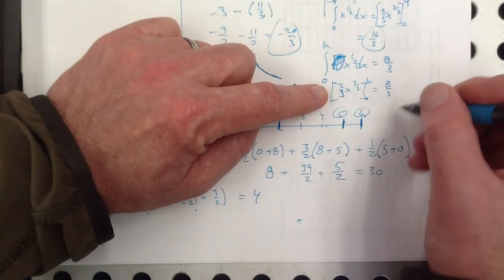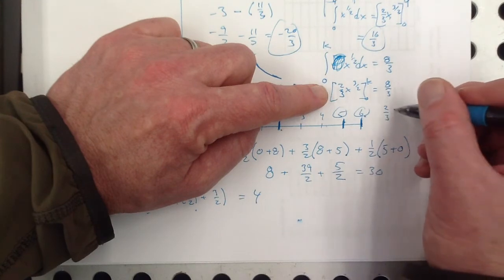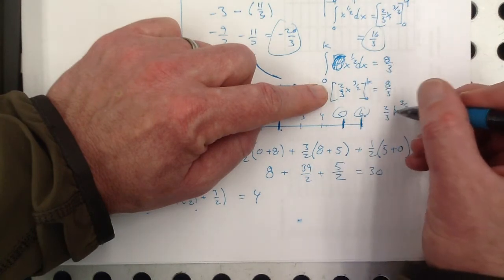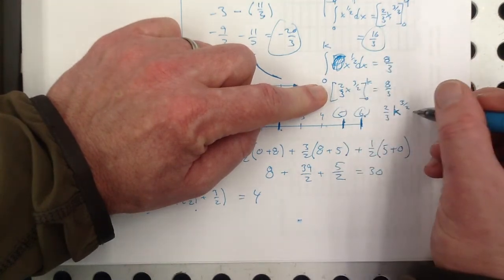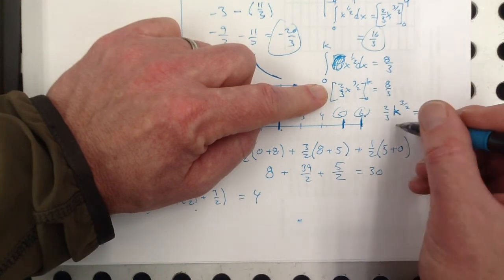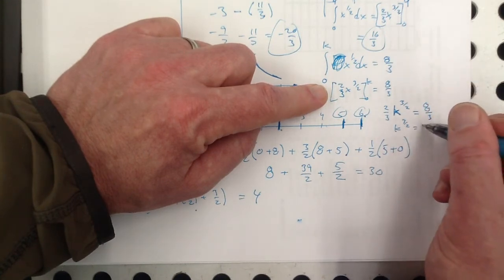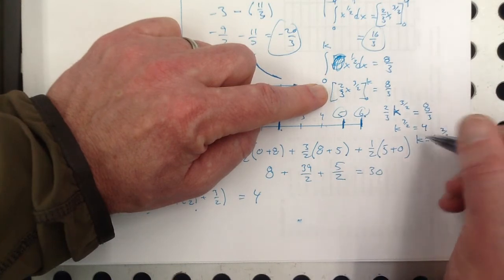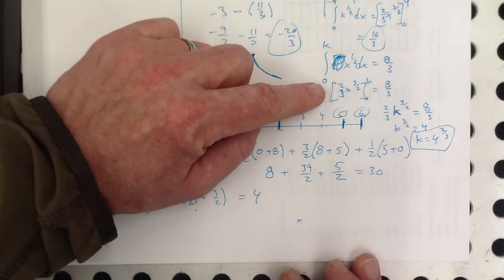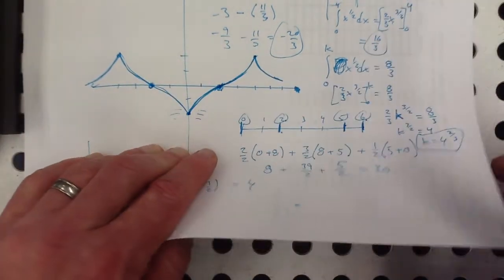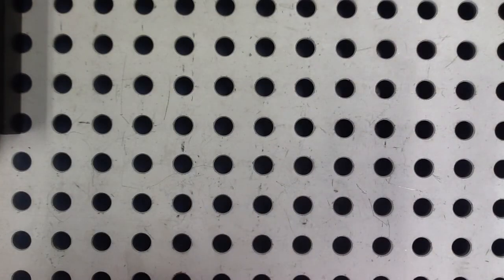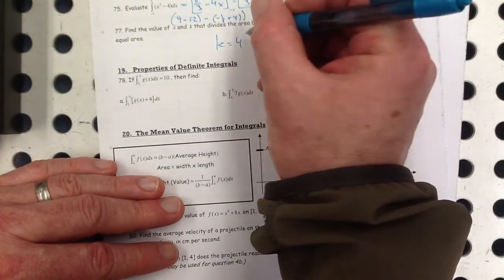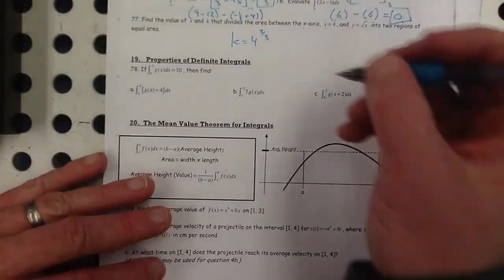So when I plug in the k, I get 2 thirds k to the 3 halves, which needs to be equal to 8 thirds. So k to the 3 halves must be equal to 4, so k must be equal to 4 to the 2 thirds. That's my final answer.